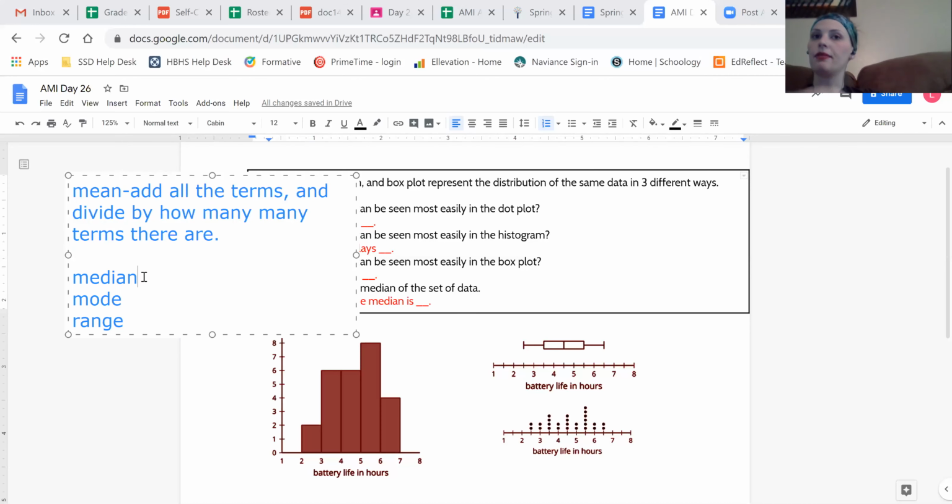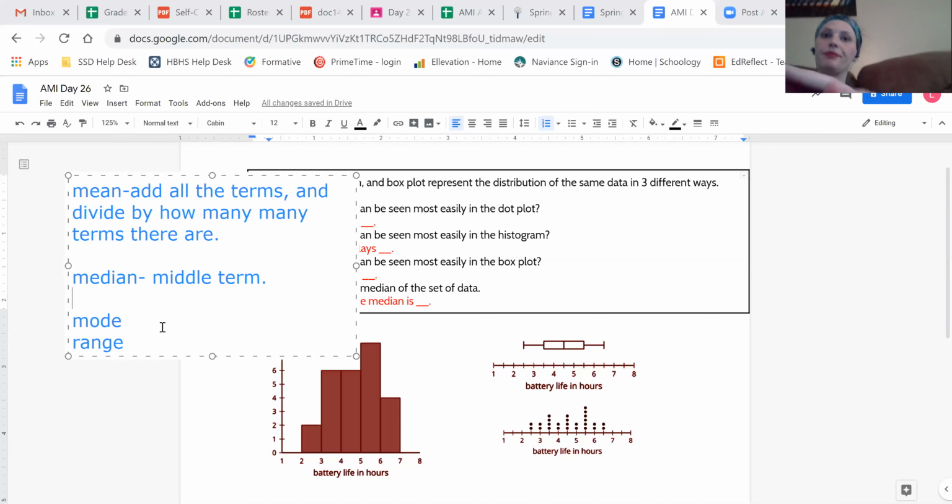Your median is going to be the exact middle term. So if you had the ages, again, 14, 15, and 17, the one in the middle, that's your median, the middle term. The mode is going to be the one that happens the most often.